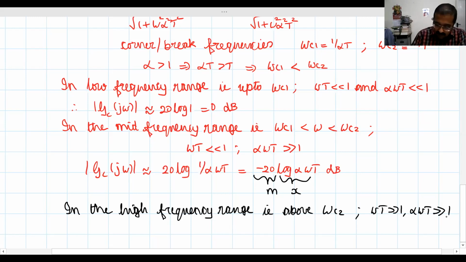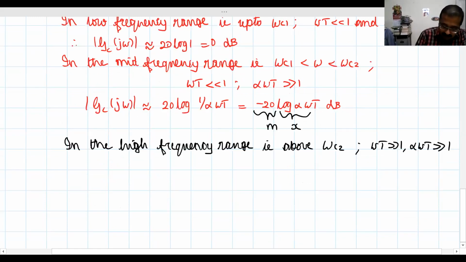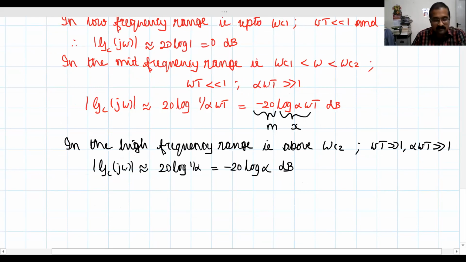So what happens here? It becomes 20 log omega t by omega alpha t, or 20 log 1 by alpha, or minus 20 log alpha. So I can write like this: mod GC j omega is approximately equal to 20 log 1 by alpha, or minus 20 log alpha decibels.